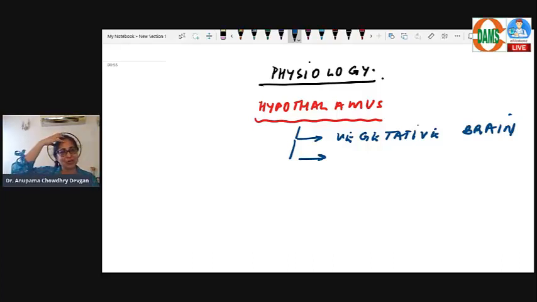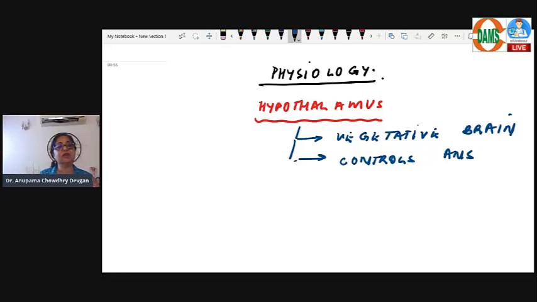The cortex is your thinking brain, especially the frontal lobes, whereas this is the vegetative brain. It controls the cardiovascular system, the respiratory system, the GI tract. Those are your vegetative functions. So the hypothalamus is your vegetative brain. It controls the autonomic nervous system.